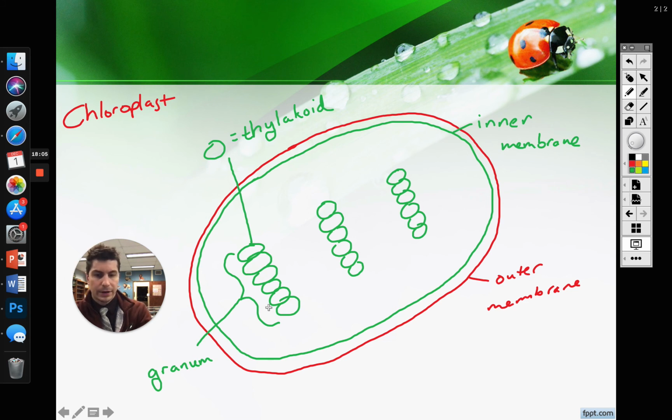Okay, instead of granum. And then the last thing I want to mention about the thylakoids is inside of the thylakoids, we have this pigment, and I'm only going to draw it in this one here, but inside we have this pigment called chlorophyll. And that's, again, guys, going to be inside the thylakoids. It's a liquid that's inside.